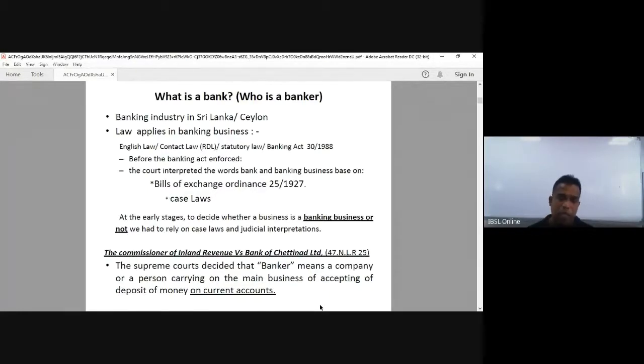During this period in 1947, the Inland Revenue Department, or the government of Ceylon, announced a tax concession on income for the banks, only for the banks, not for financial institutions or other companies.